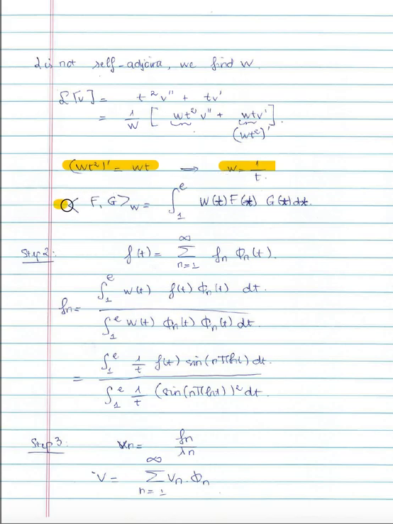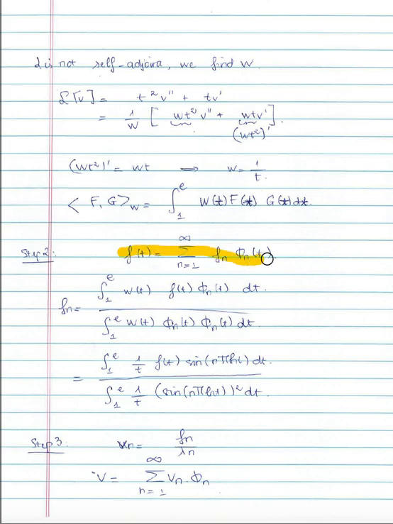So the new inner product with the new weight 1 over t will be this one. You multiply two functions f and g, and you multiply with the weight, and you integrate them. What you do now is the following.